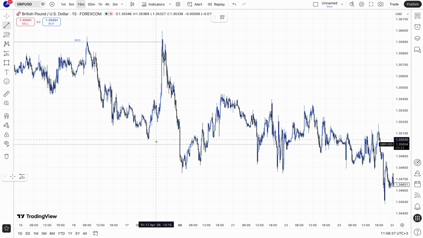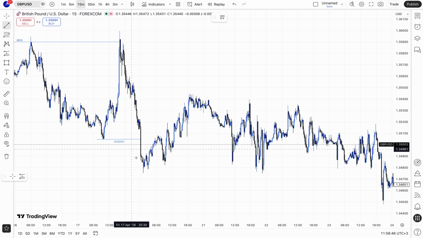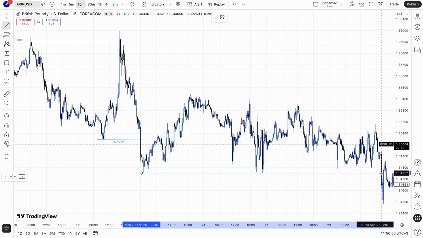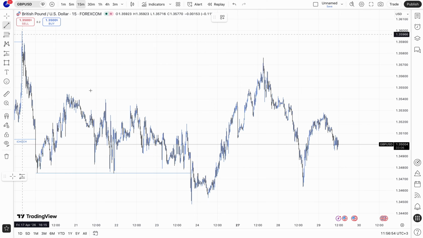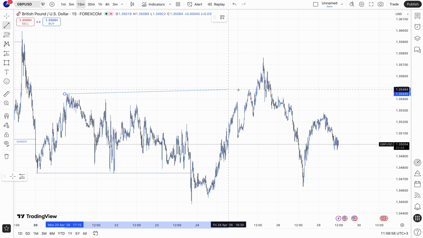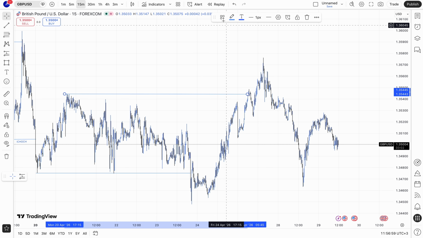Then we had our change of character to the downside. Then from here we had a continuation break of structure to the downside. Then from here we had our change of character to the upside.